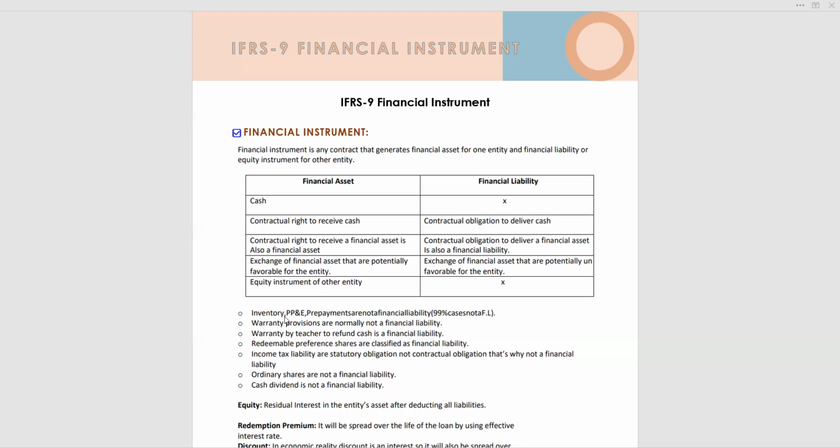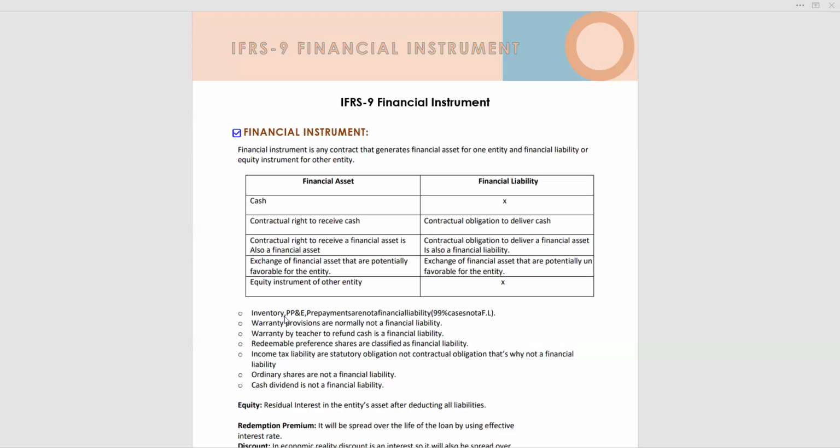Warranty provisions are normally not a financial liability. A warranty by the seller to refund cash is a financial liability because the seller has an obligation to pay. The key word is obligation for financial liability, and for financial asset it is to receive.